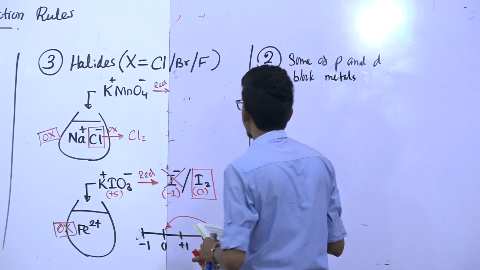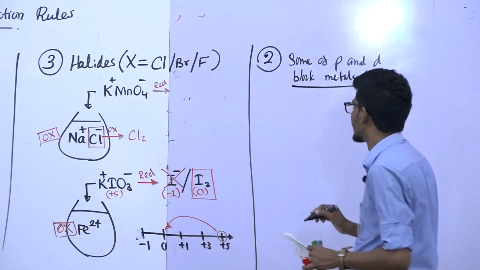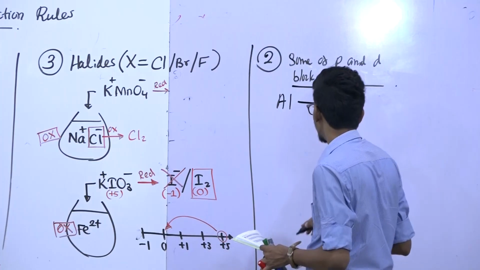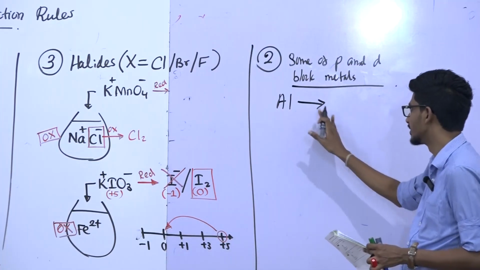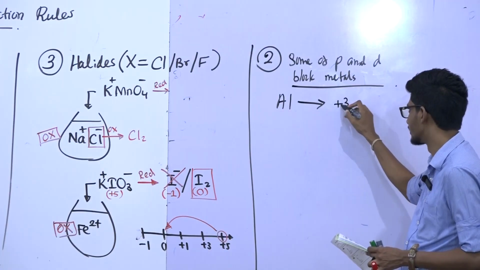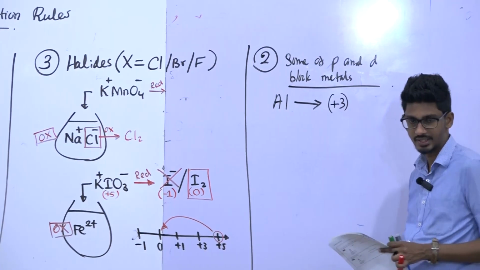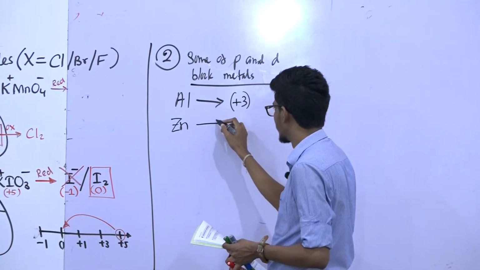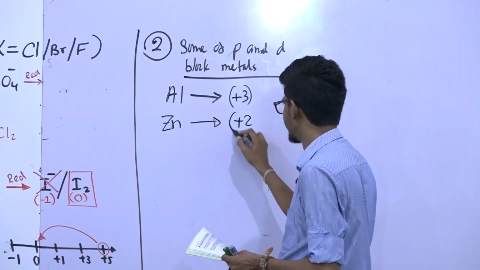With that they are saying, if you are with aluminium, these are not with many variable oxidation states. Aluminium has no variable oxidation states, so if you start with aluminium, only +3 is possible, right. No other oxidation states are there for aluminium. When it comes to zinc, only +2 is there.